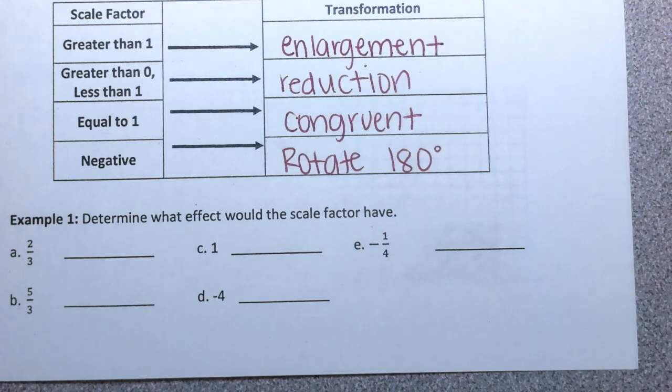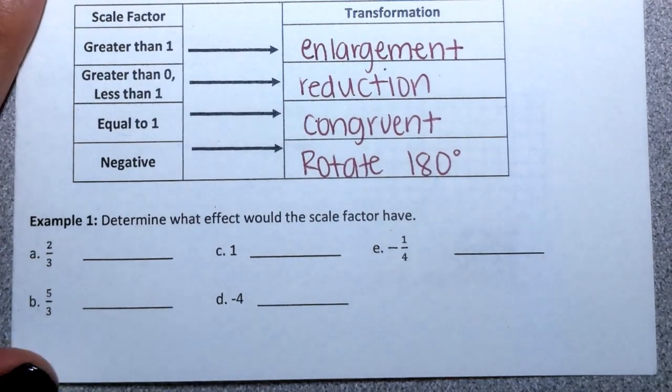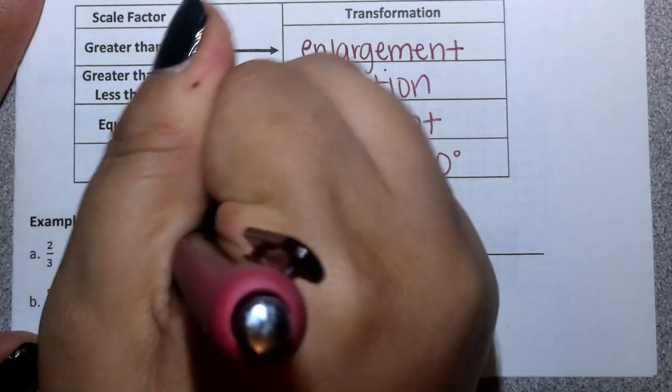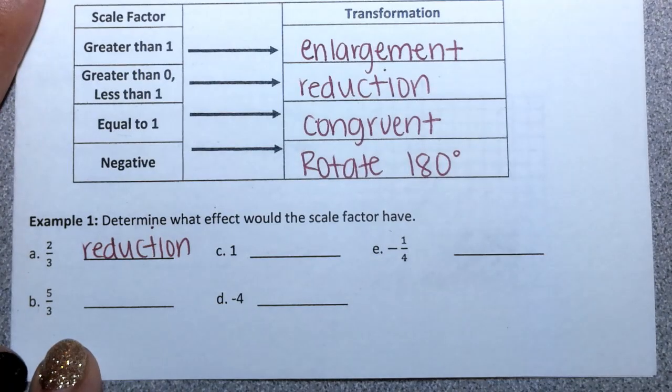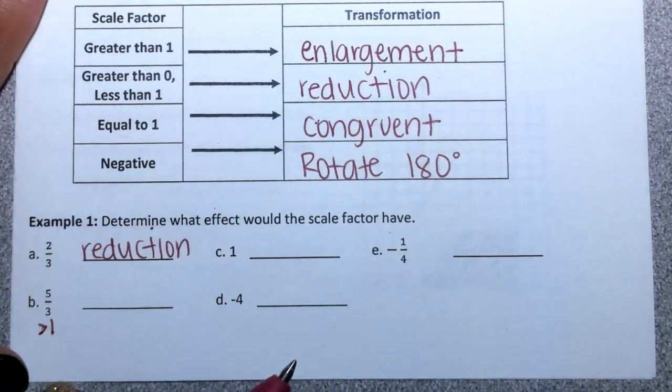Juliana? All right, 2/3. What is 2/3 going to do to your picture? Reduction or shrink. What about 5/3? But it's a fraction. It's still bigger than 1. Do you agree 5/3 is greater than 1?